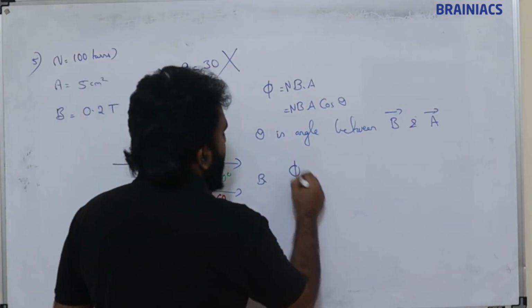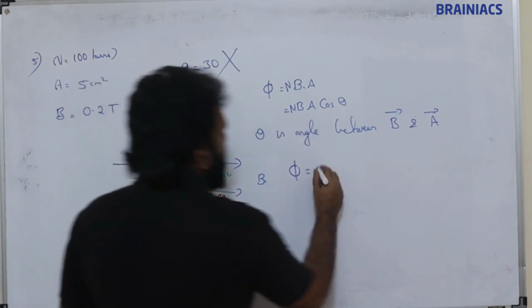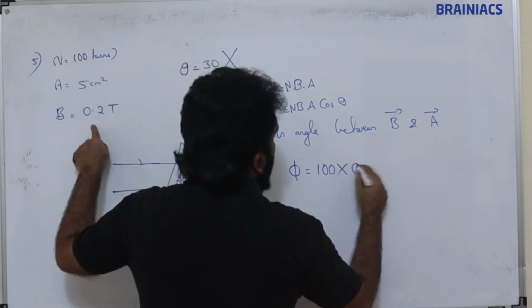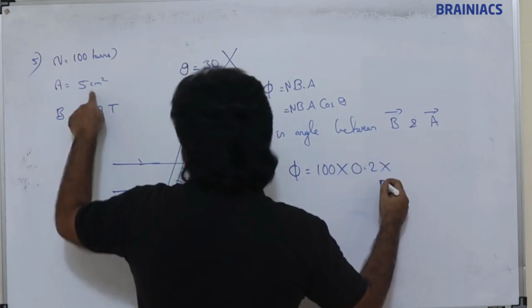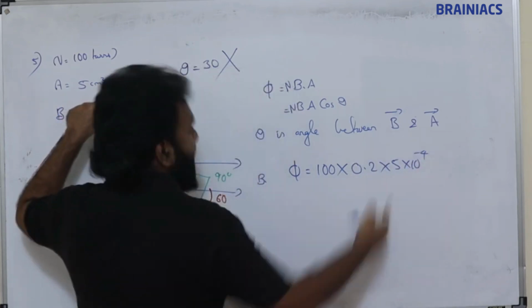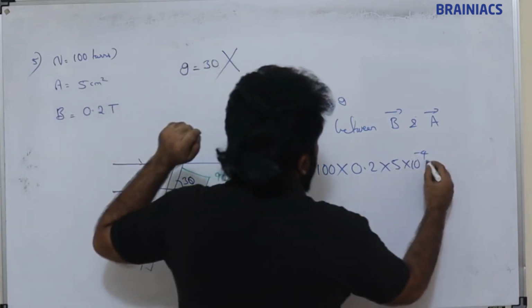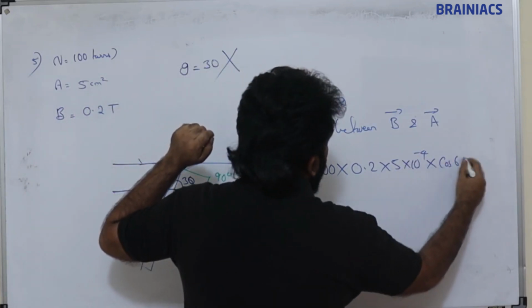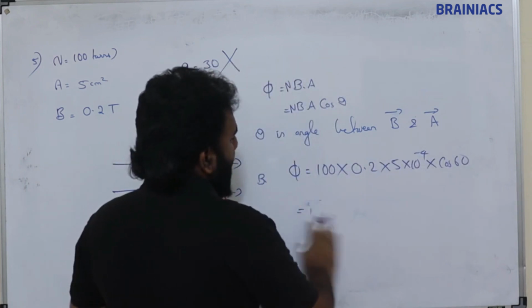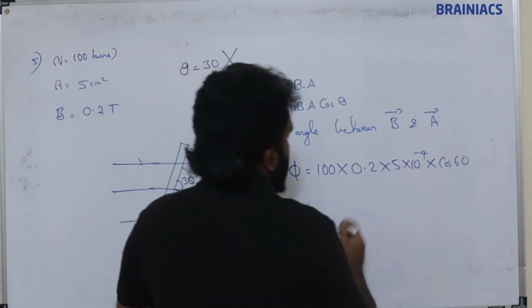So phi is equal to n, 100, into magnetic field 0.2, into area 5 into 10 raised to minus 4 meter square, since this is centimeter square, into cos 60. Cos 60 is 1 by 2.